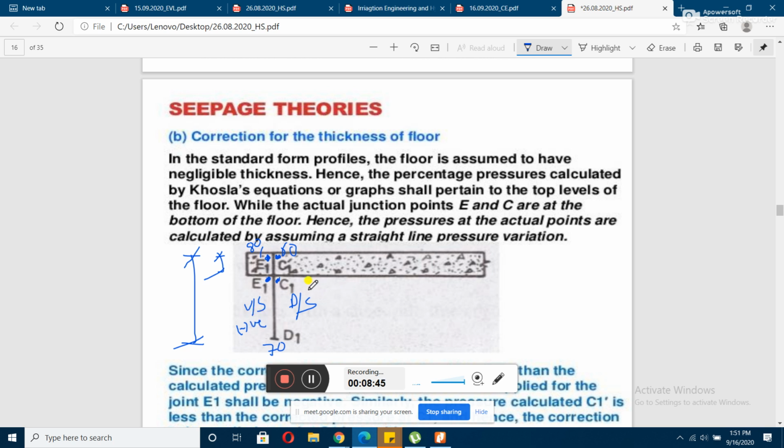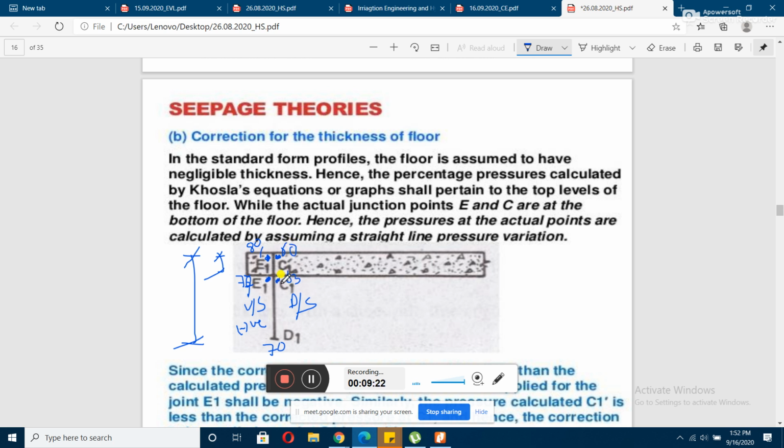Okay, and for the downstream side, you can understand this 70 has been reduced to 60. So 60, here somewhere there will be some value, suppose it is 63, and here it is 76, suppose. Okay, sorry, if it is 63, here it will be 77. So you can understand, from 80 it is being reduced, and the 60 has been increased to 63. You can understand from 70 through this side it is being gradually decreased to 60.